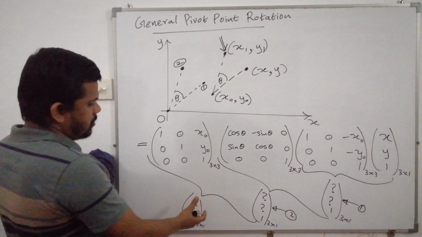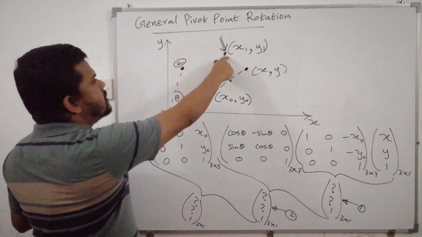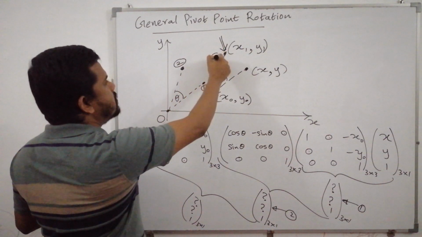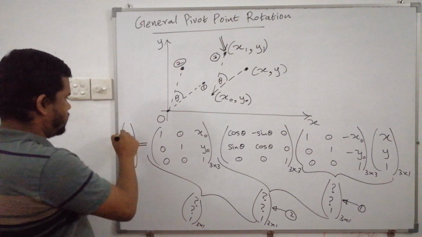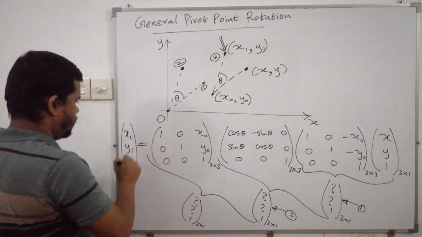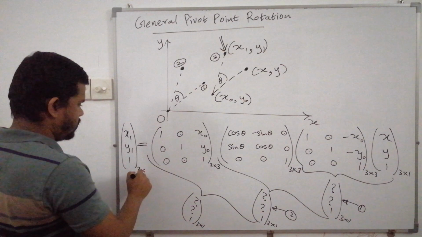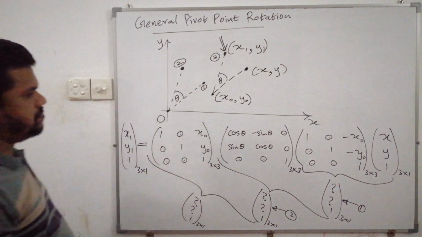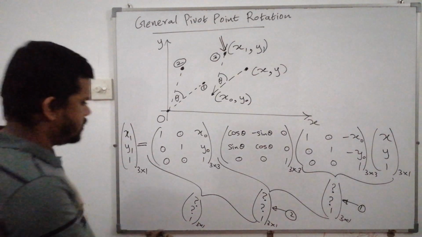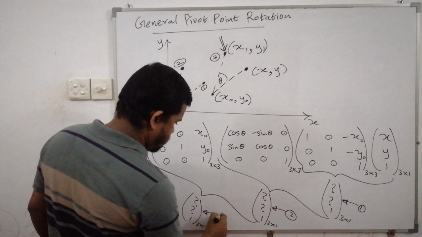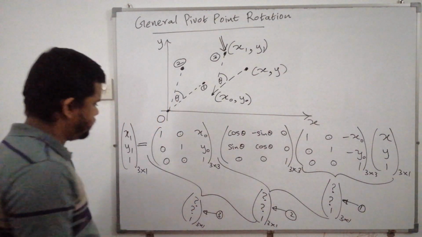So that means this point, this is position 3. So we will get x1, y1, 1, 3 cross 1. This is position 3.